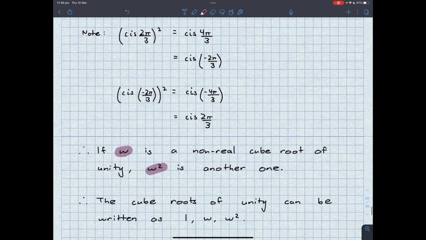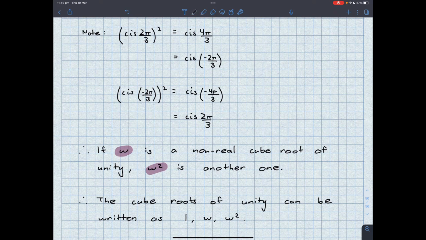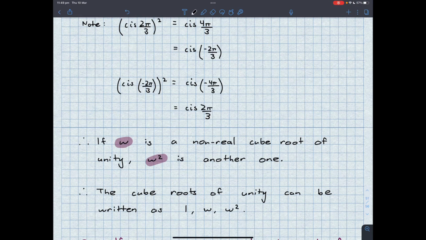So that means that I can write the cube roots of unity as 1, the first one that I found, omega and omega squared, or w and w squared. With these roots being written in that way, I actually have some properties that I can now explore.